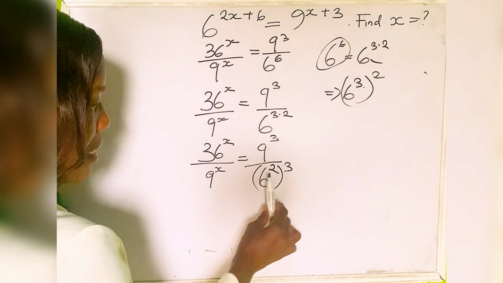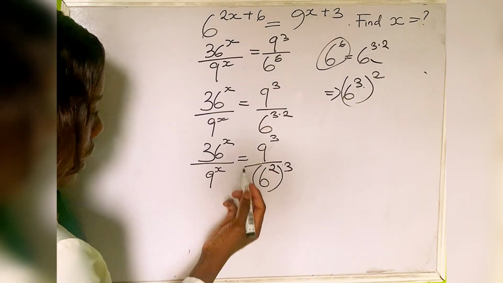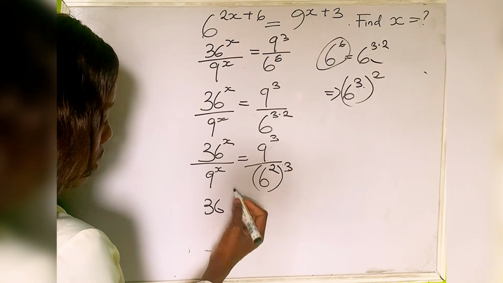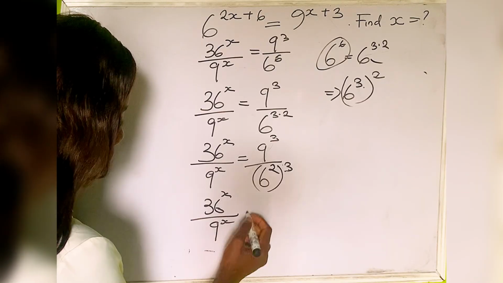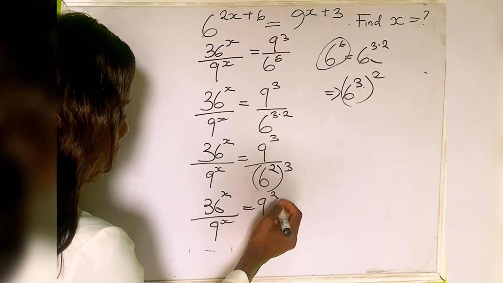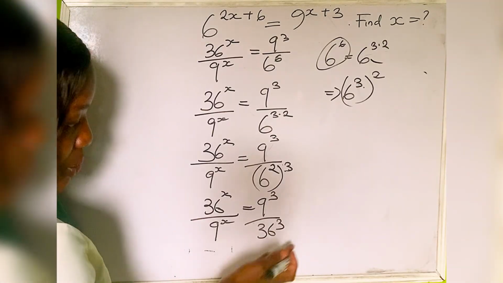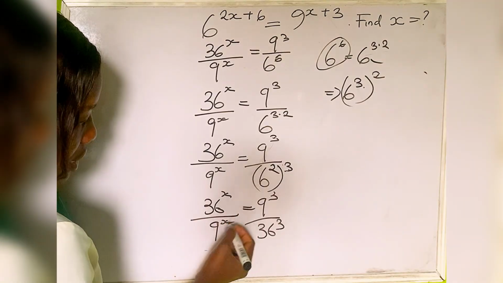It's still 2 times 3, which gives you 6. Now we have 36. You can see that you have 36 raised to the power x all over 9 raised to the power x is equal to 9 raised to the power 3 all over 36 raised to the power 3. This is what we are trying to achieve, to have the powers the same.